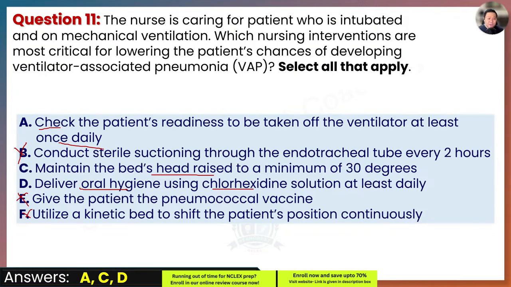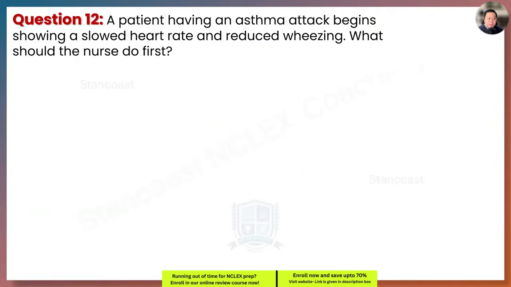Also ask yourself, is the intervention part of the best practices or a ventilator bundle, which is basically designed specifically to address the VAP risk? So in this case, interventions like oral hygiene and head of bed elevation are the core measures that will target aspiration and infection directly, while the other actions like routine suctioning or using a kinetic bed are not supported in that sense.